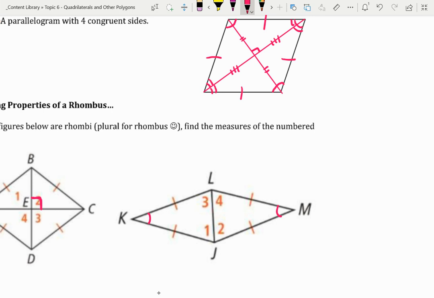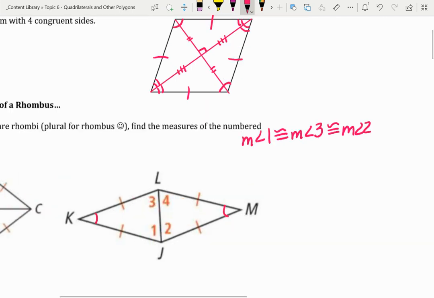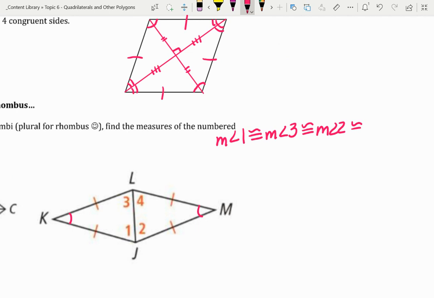So the measure of angle 1 is congruent to the measure of angle 3, and the measure of angle 2 is congruent to the measure of angle 4.